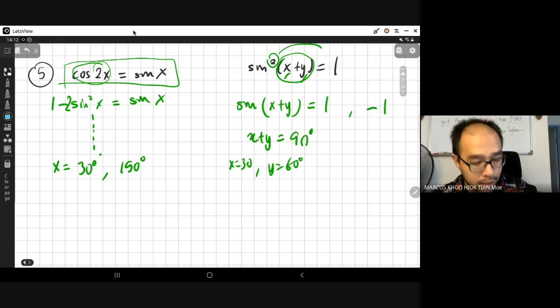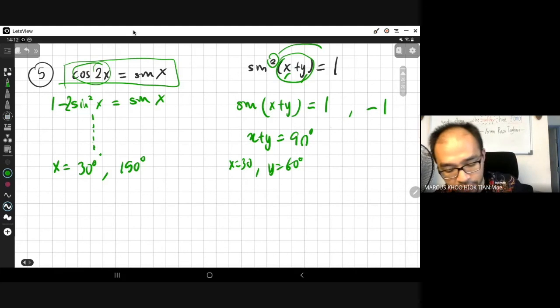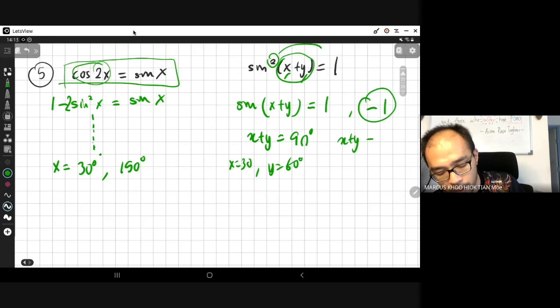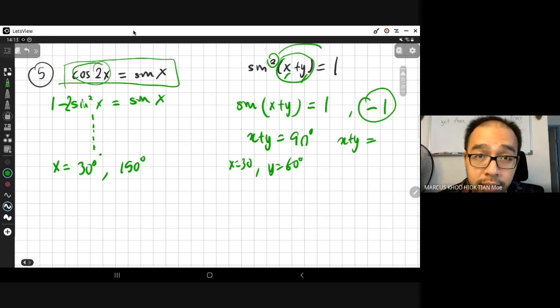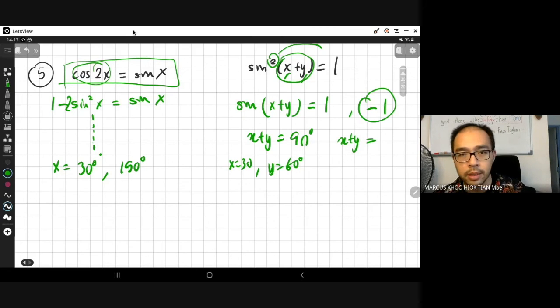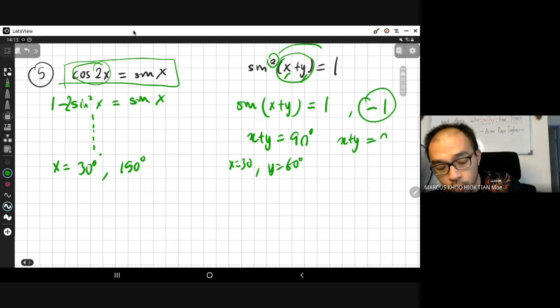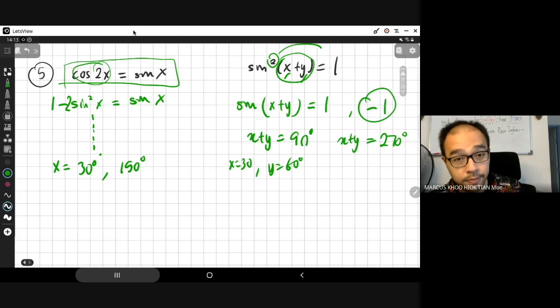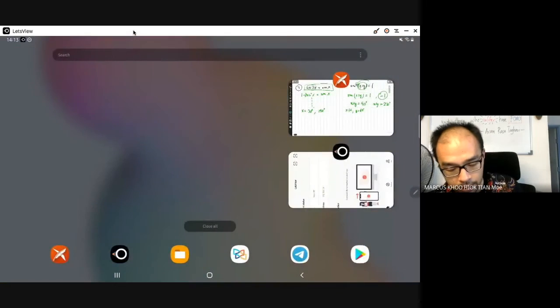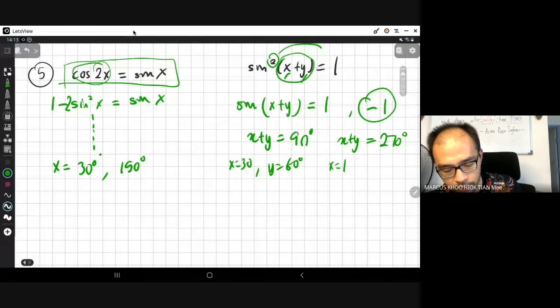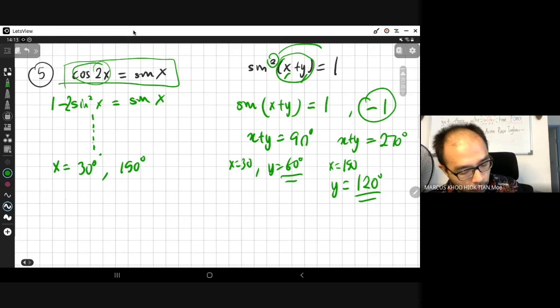But since we have another value of x, with x plus y giving us negative 1, which angle is this? Shift sine negative 1. Negative is in the third quadrant, so this will give you 270 degrees. So x equals 150, so y equals 120 degrees. So you get 4 values.